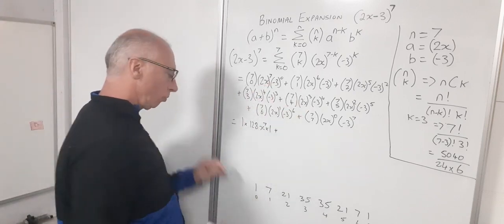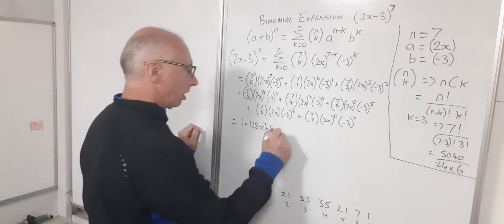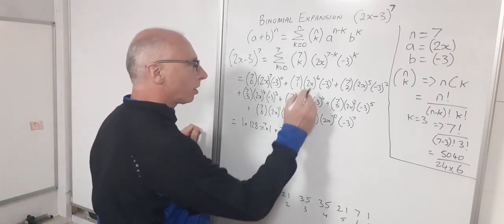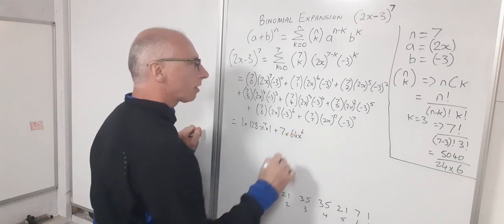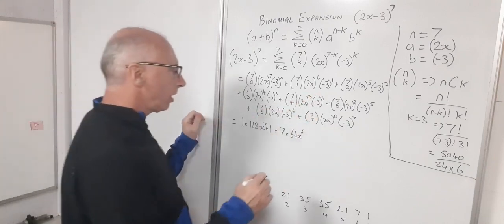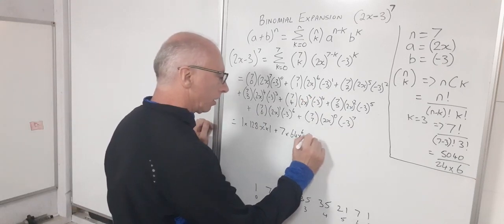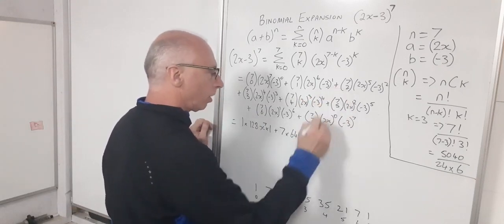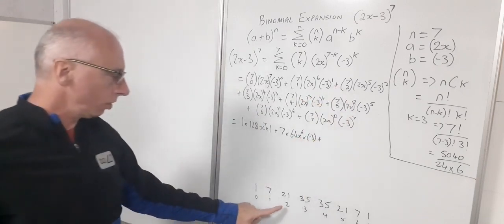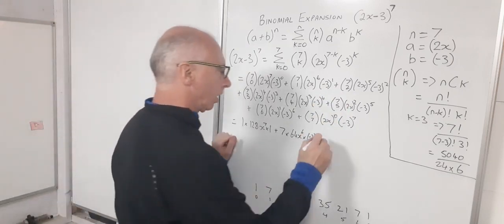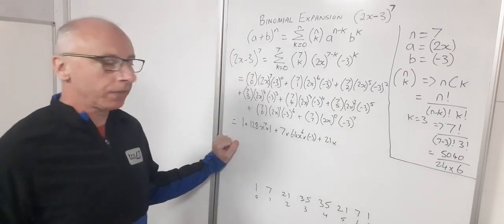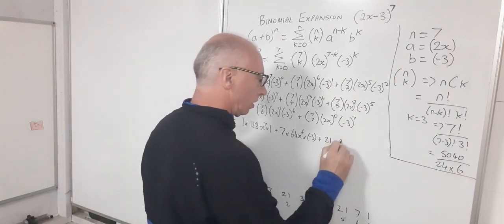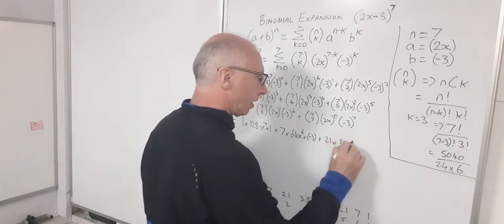Next one, 7 choose 1. That is 7. So 7 times 2 to the power of 6, which is 64, and that's x to the 6. And minus 3 to the 1, that's times minus 3. Next one, 7 choose 2 is 21, 2x to the 5. 2 to the power of 5 is 32, so that's 32x to the 5.